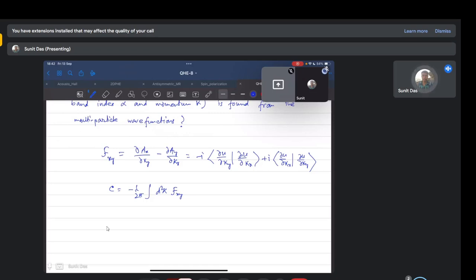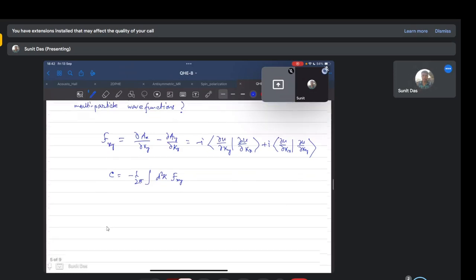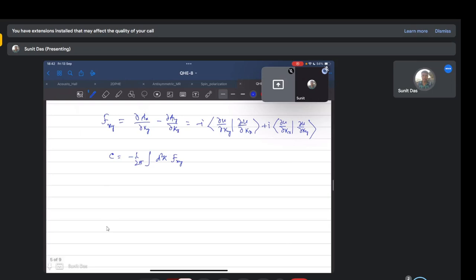Now this is the single particle form of it, but before that the Hall conductivity from the Kubo formula was found in a general form, which was again a kind of Berry curvature type of thing. Okay?